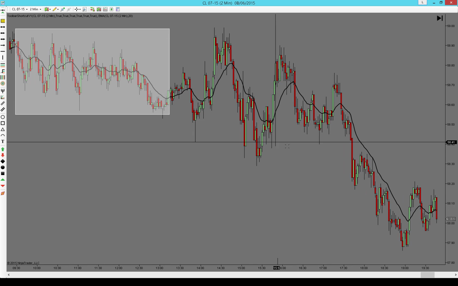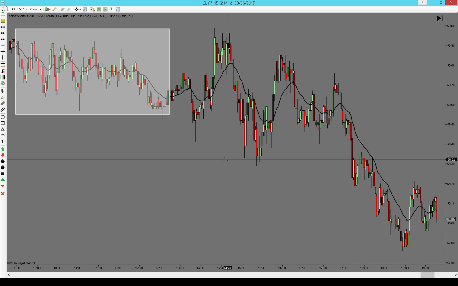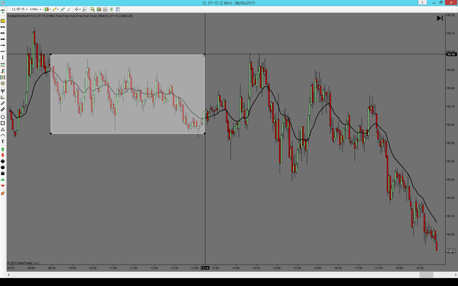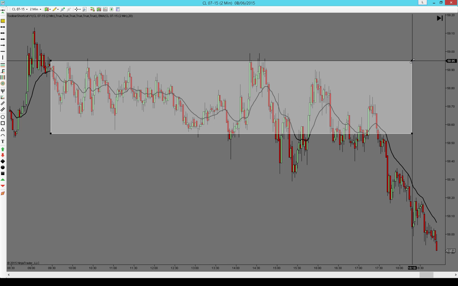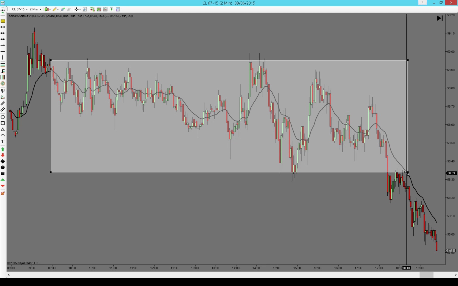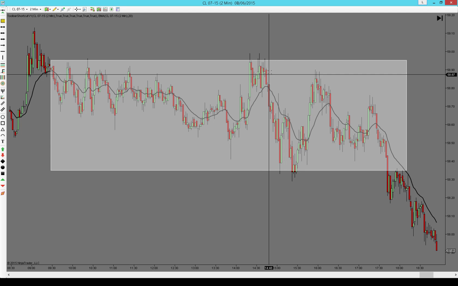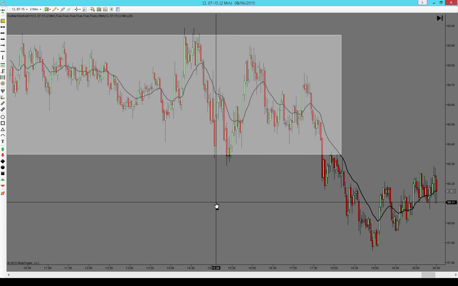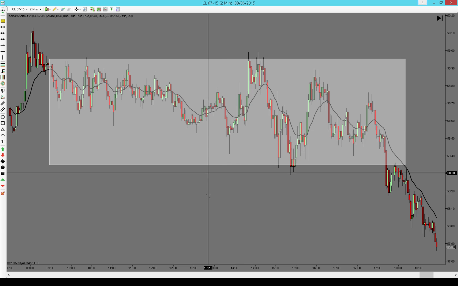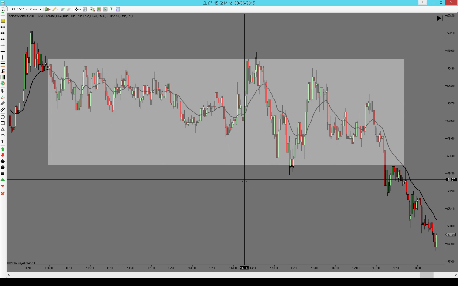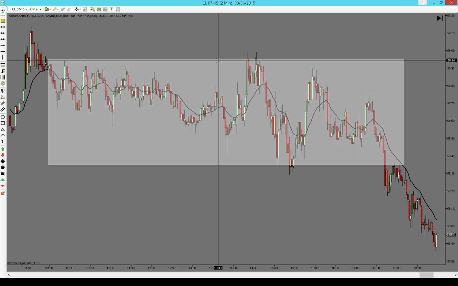We were looking for a break of the area, but price was just sitting in a tight trading range, and we sat here the whole day. Price was basically sitting in a 50 tick trading range. So nothing we can do there. So there's really nothing to recap for the Monday here.